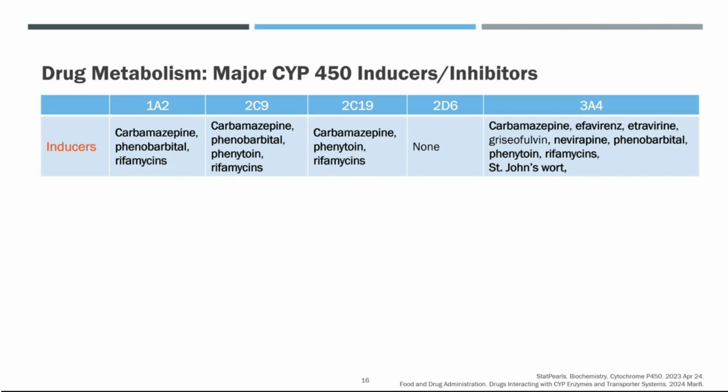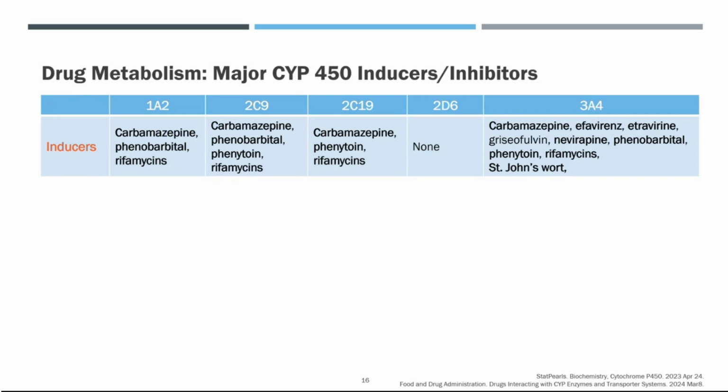So in terms of the inducers, what kind of medications do you guys see in common here? Yeah, rifamycin is a big one. Yeah, so anticonvulsants, right? They are known as the biggest isoenzyme inducers on top of the rifamycins.